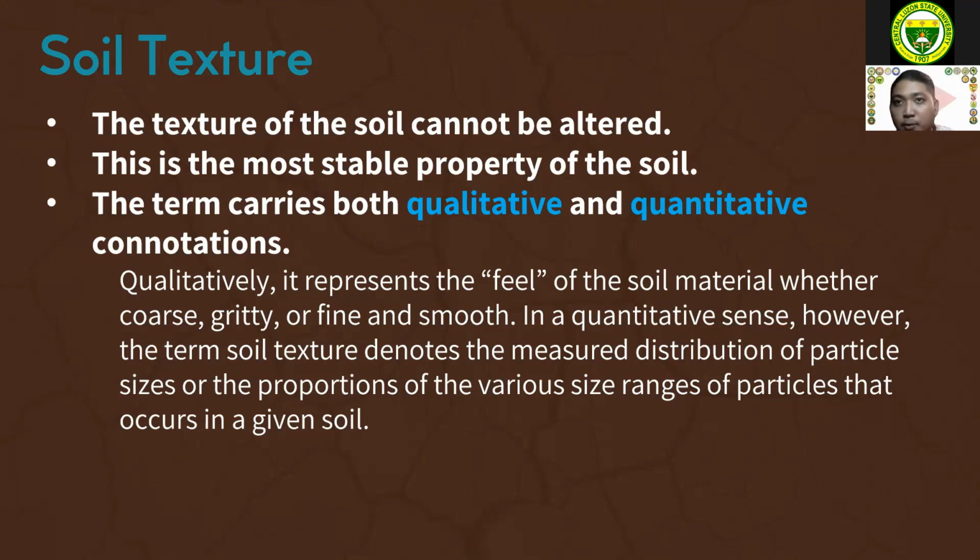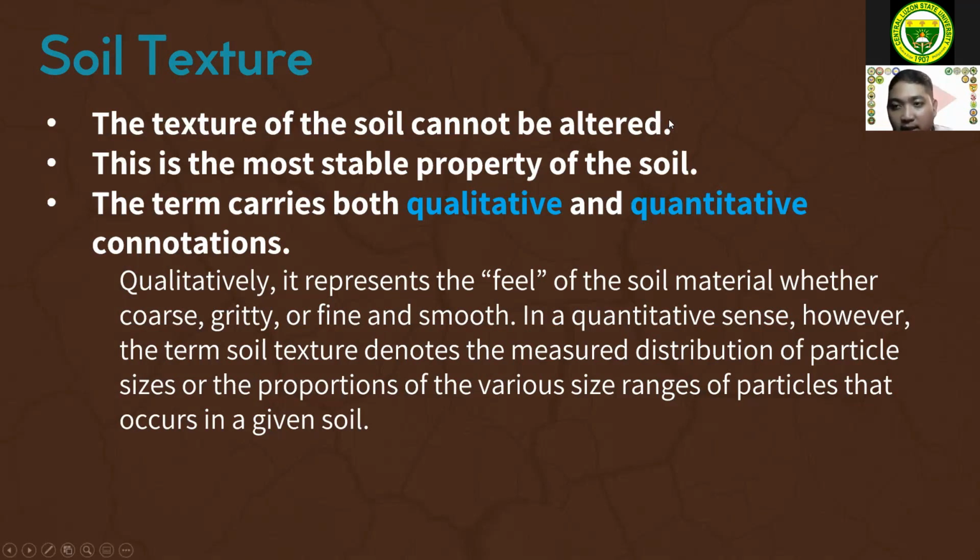For example, if you observe the stones around us, they do not immediately become sand. Their size or chemical composition does not change right away. It takes time for a particle to be weathered. That is why the texture of soil cannot be altered.